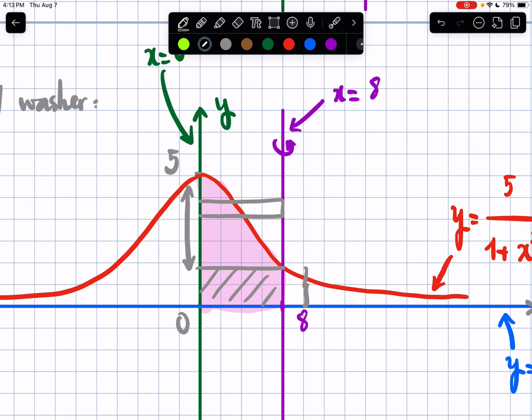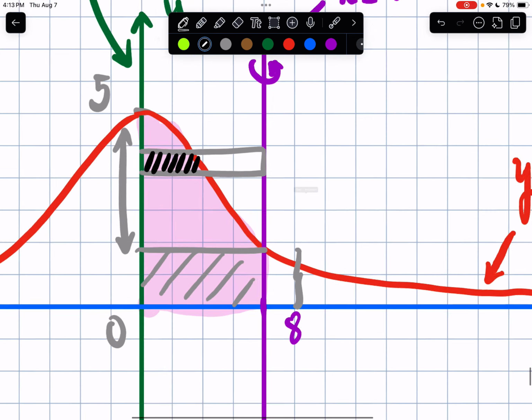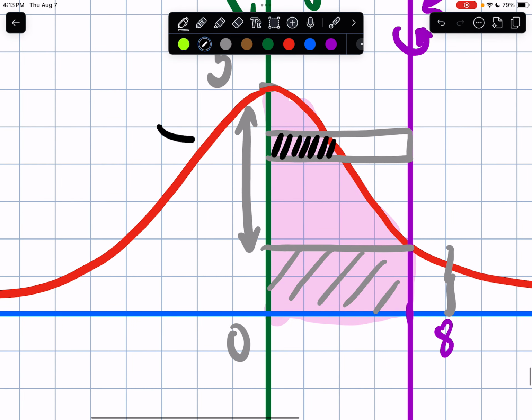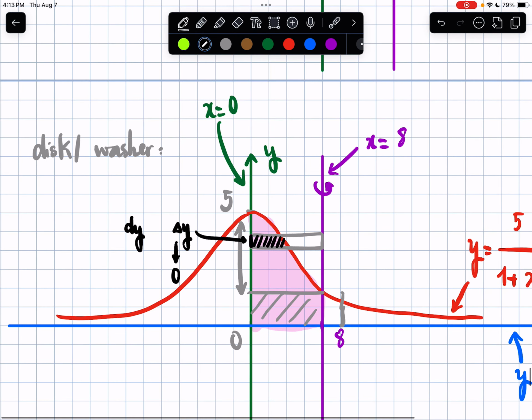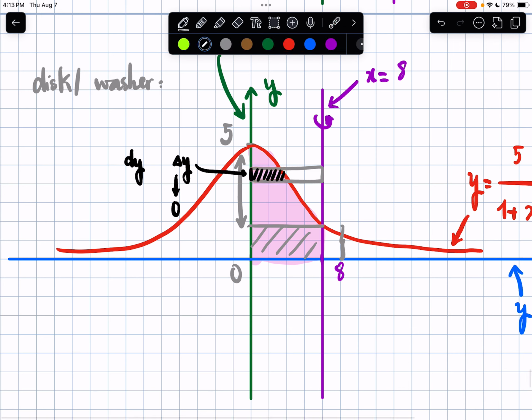So dy is the thickness of the cross section, and the cross section is a washer.